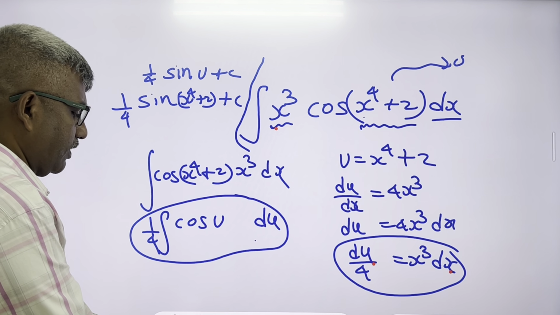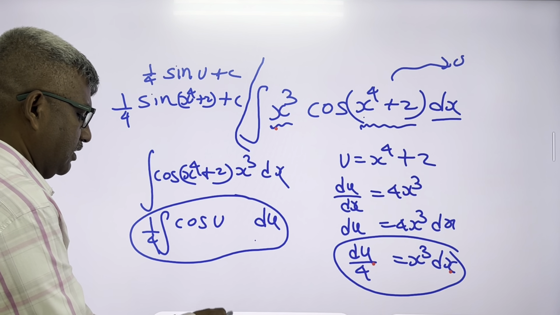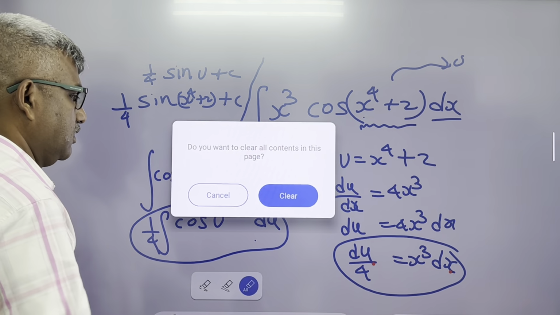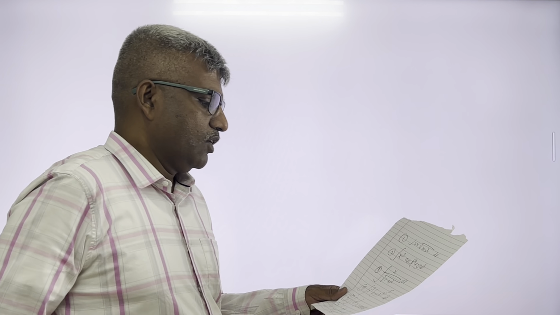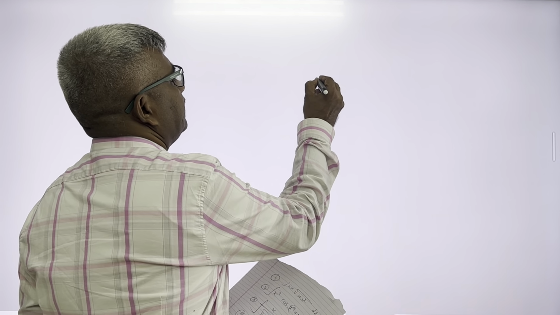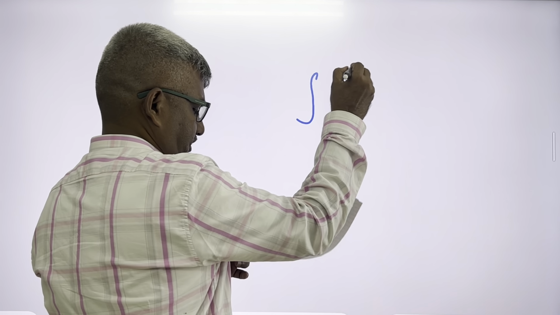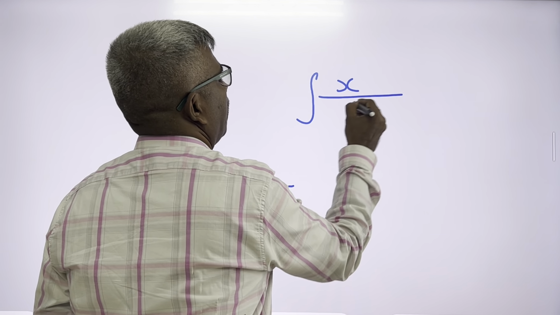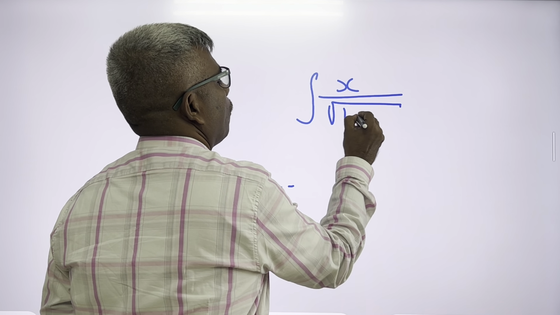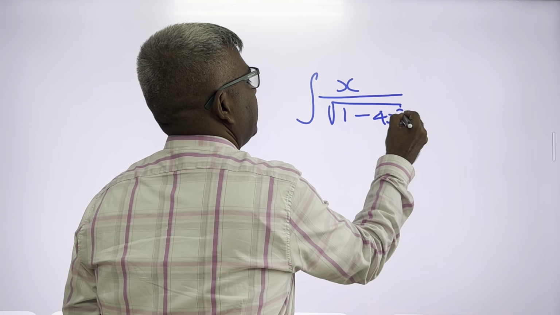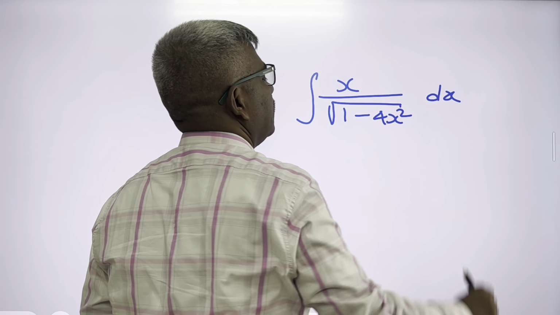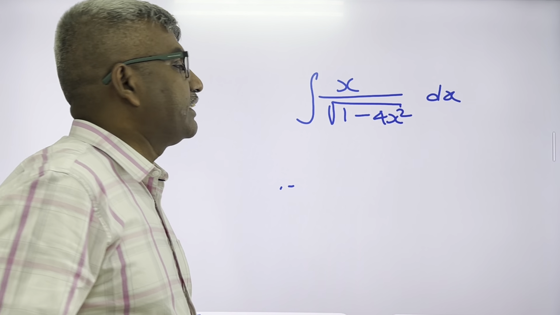Okay, I'm clearing. Question number 3. Integration of x over square root of 1 minus 4x squared dx. Okay, how to integrate it?